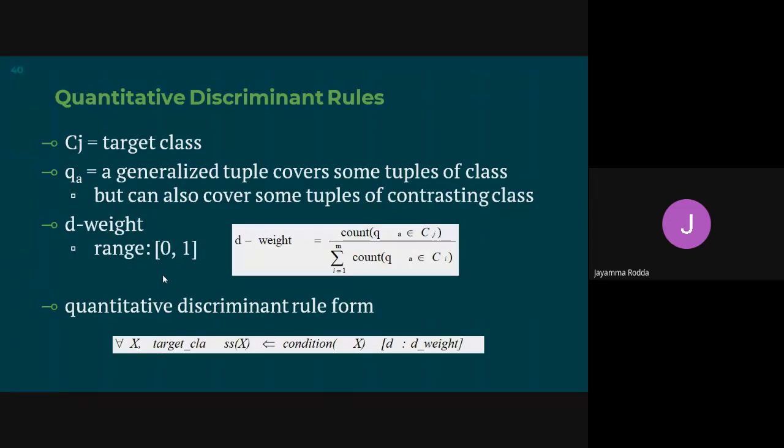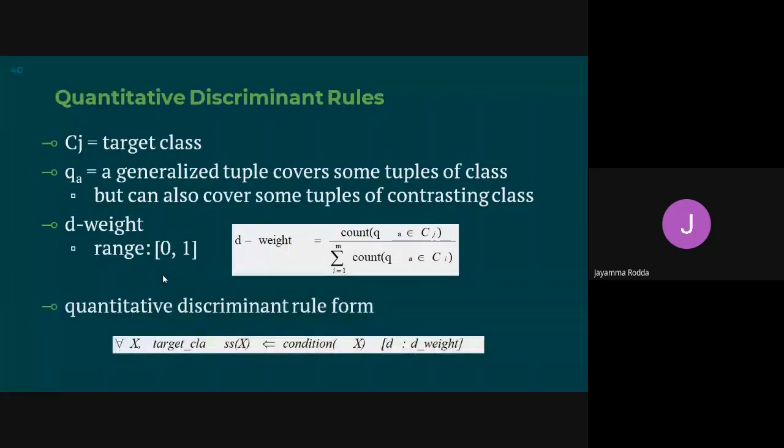A high D weight in the target class indicates that the concept represented by the generalized tuple is primarily derived from the target class.